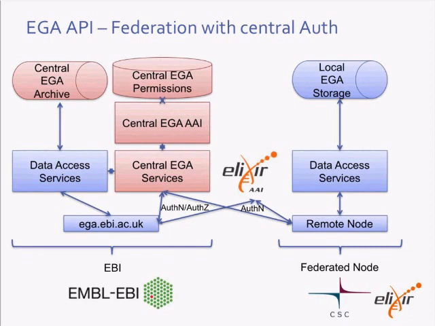On the right-hand side, we have the identical code setup running at CSC, connecting to the same ELIXIR service, connecting to the same central EGA AAI, and then they have a local EGA storage. So regardless of which node you go to, you can log in, get single sign-on between both nodes, and access data either at EGA Central or at a local EGA such as Finland.